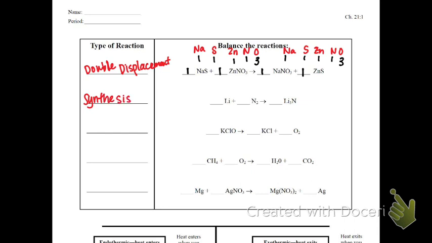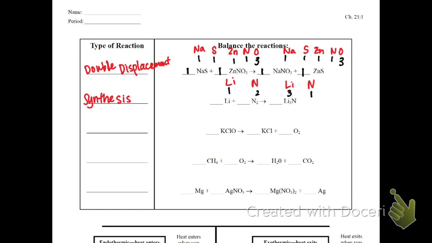Synthesis. Okay. We've got lithium, we've got nitrogen, lithium, and nitrogen. How many lithiums on the reactant side? 1. Nitrogens, 2. 3 on the product. And 1 for the nitrogen.